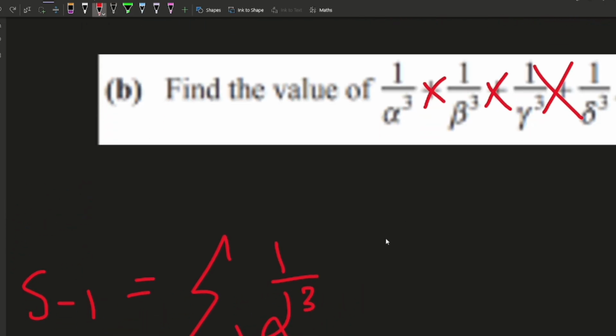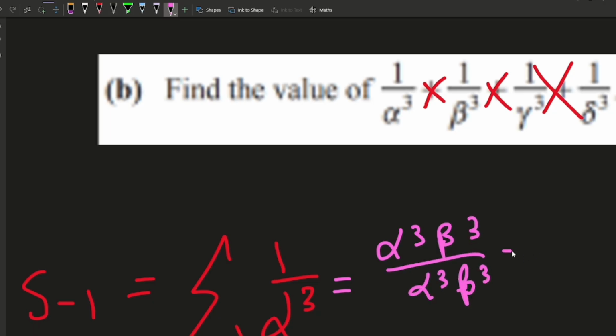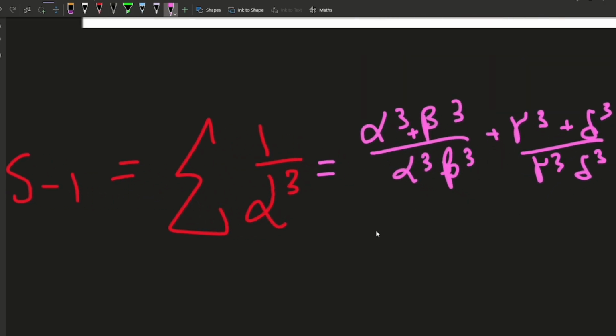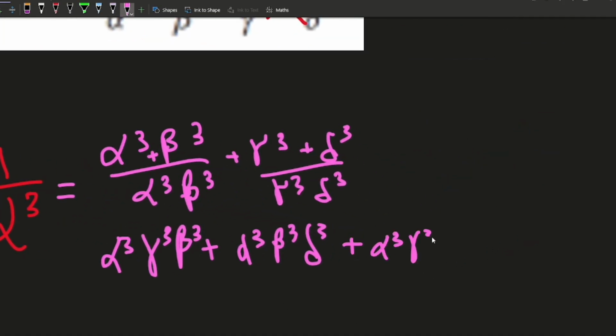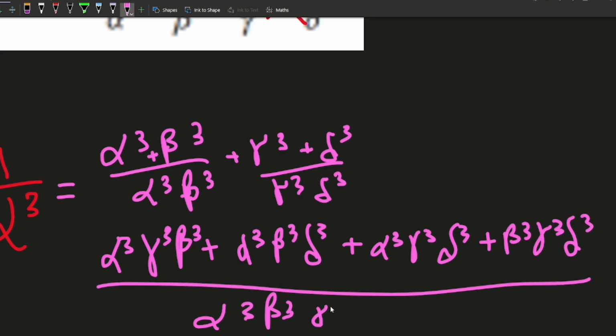S minus 1 is equal to this. We have to take the LCM for this. We end up with alpha cube gamma cube beta cube plus alpha cube beta cube delta cube plus alpha cube gamma cube delta cube plus beta cube gamma cube delta cube, divided by alpha cube beta cube gamma cube delta cube.